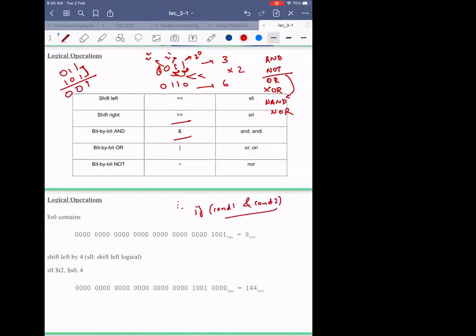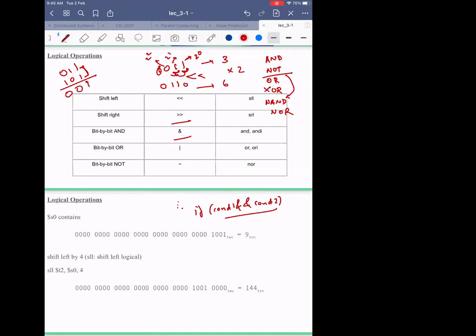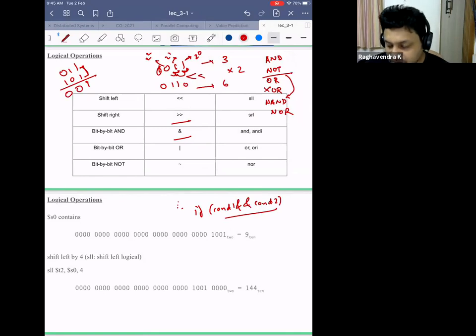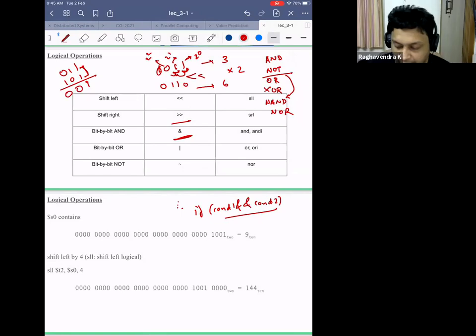Oh no, sir, that's a double AND. The double AND, right? So what is this operator called? Logical AND. Yeah, it's a logical AND, so I am just doing this. But I'm asking, if I give you an AND operator, which means a bitwise operator in C programming, what will you use it for?